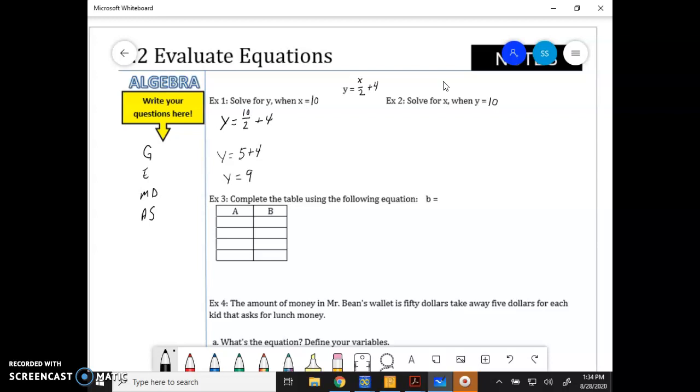Next one here, we get the same number, but we're plugging it in for a different variable. So now we're actually solving an equation. We are going to plug 10 in for y and write everything down.